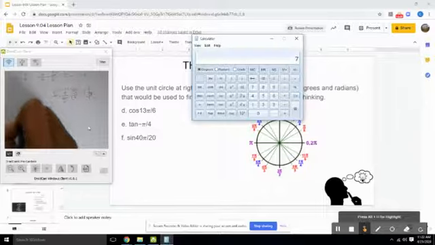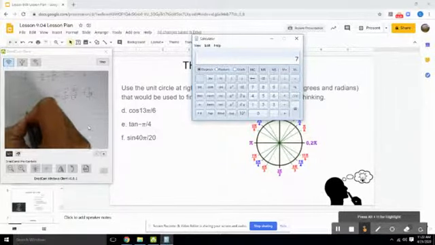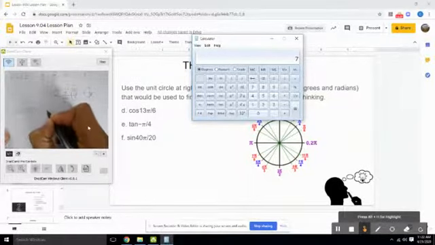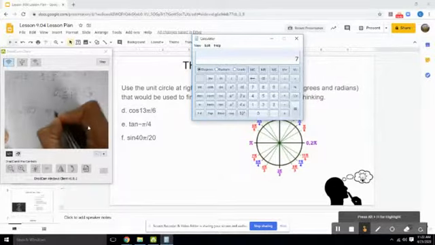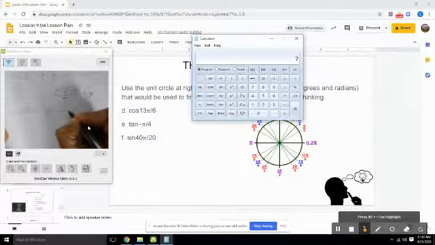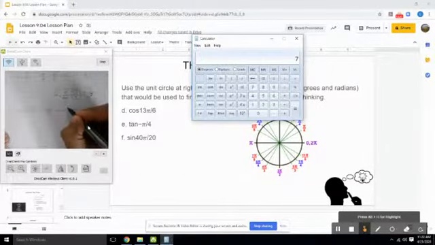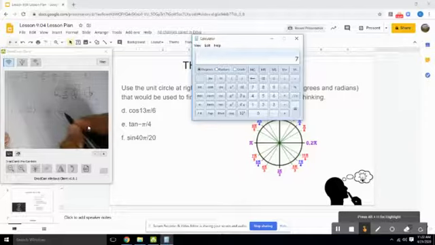It says sine of 40 pi over 20. Okay, so let's change it again. 40 pi over 20 times the conversion factor. We want to have degrees, so degrees go on top, pi goes to the bottom.